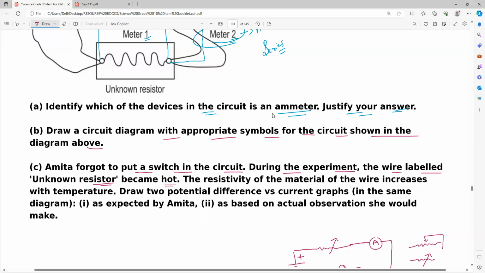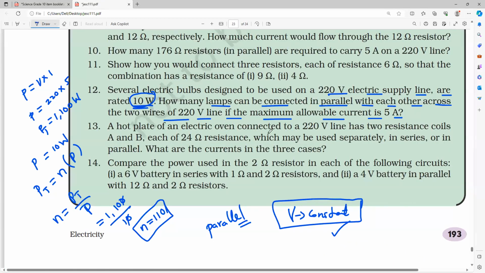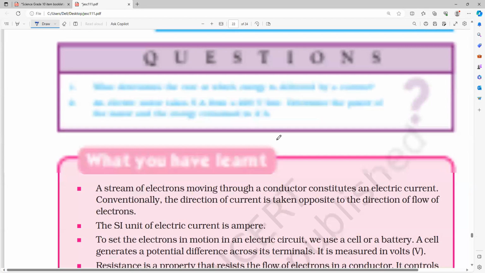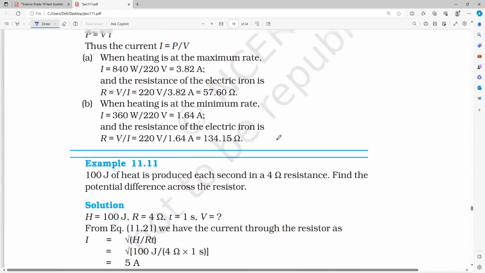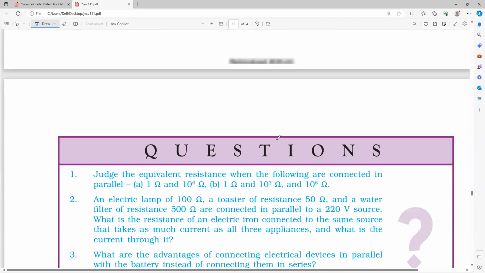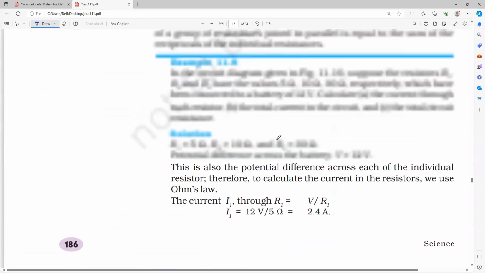This is recently only I taught you. The resistivity of the material of the wire increases with the temperature. Do you remember, everybody? Resistivity remains constant, but resistivity will also be affected by only one parameter. What is the parameter which we studied? Many a time I mentioned temperature to you. The book also clearly mentions it. So resistivity is also affected by the temperature.